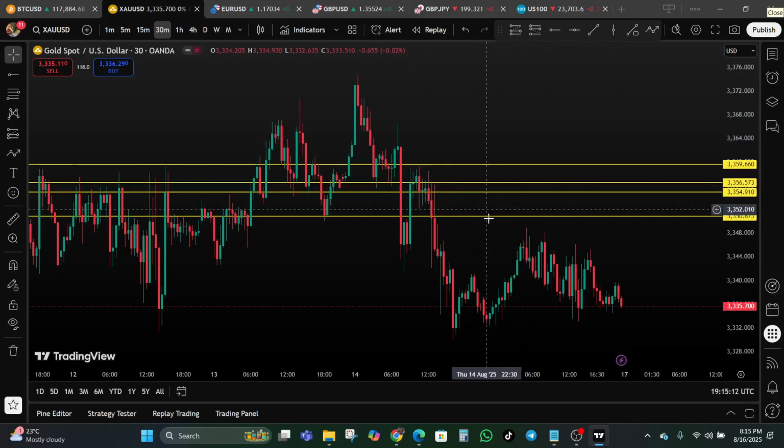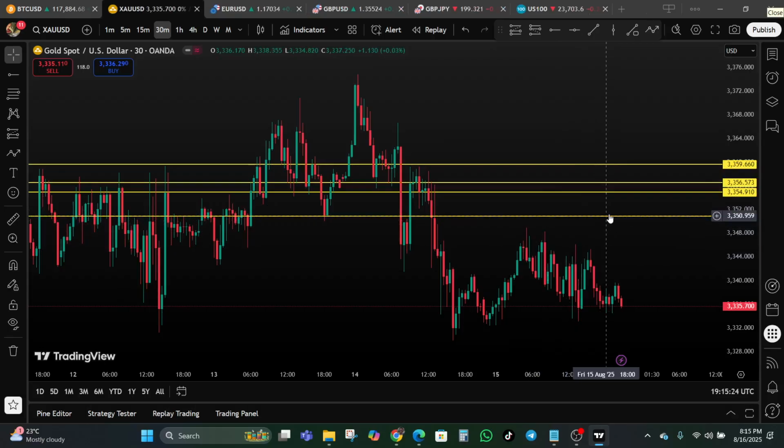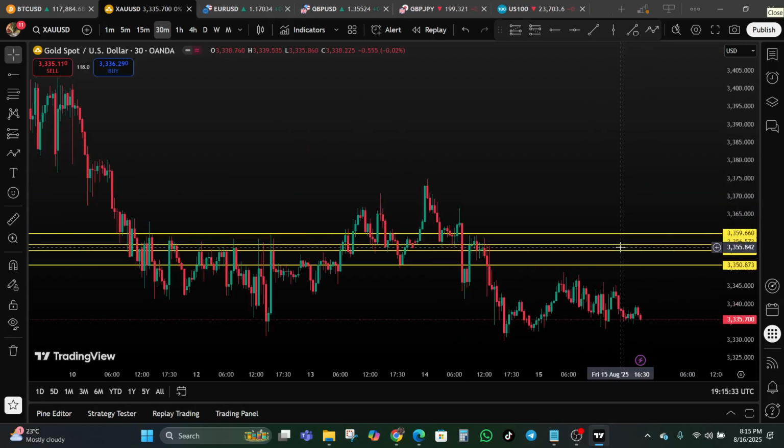Or you can also mark them on a higher time frame in order to get some confirmations as well. Then you just wait for price to return to your zone. Look for confirmation signals before entering your trade. Then you execute with discipline, following your plan.